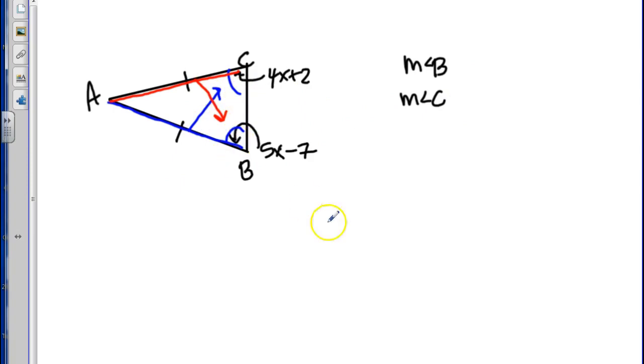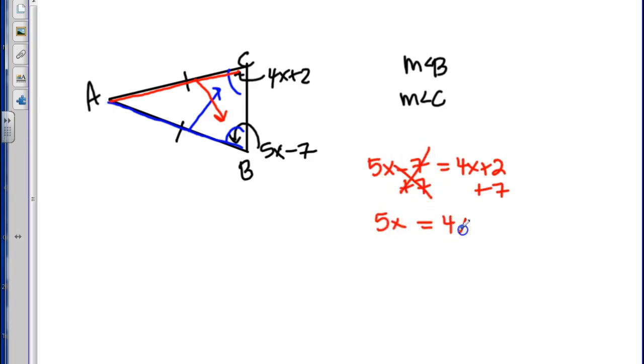So those two angles are equal to each other. So 5x minus 7 equals 4x plus 2. We can add 7 to both sides. So 5x, that's gone because it adds to be 0, equals 4x, and 2 plus 7 is 9. Subtracting 4x from both sides, 1x, or just x, equals 9.